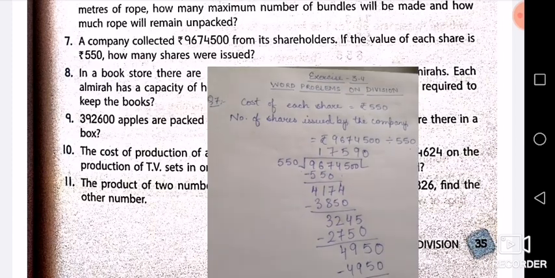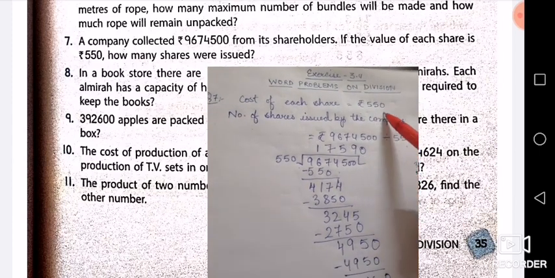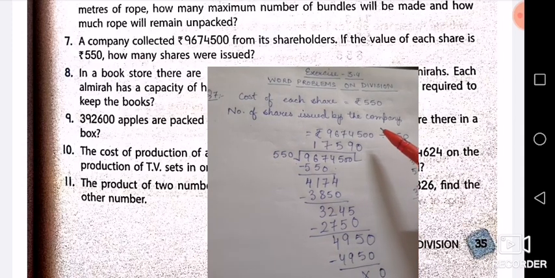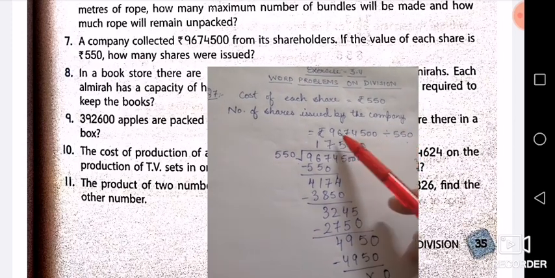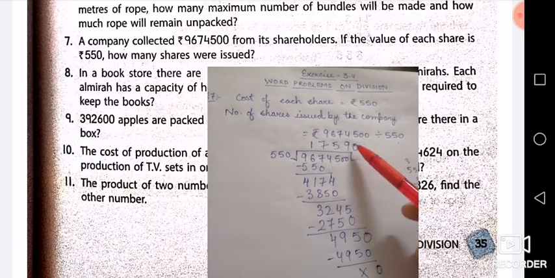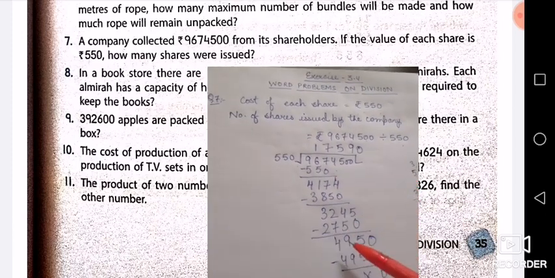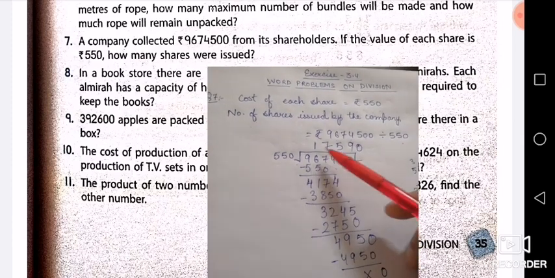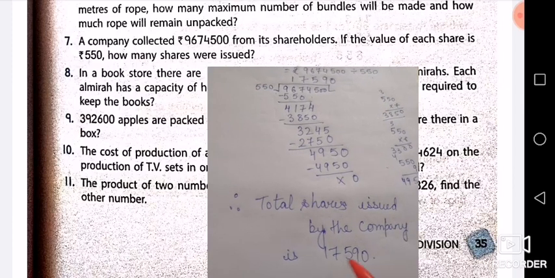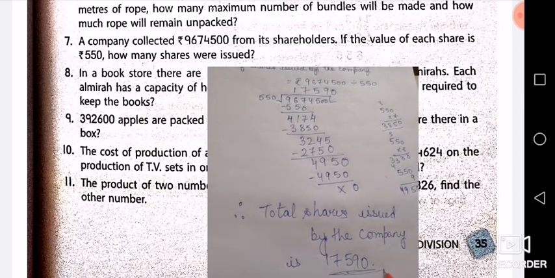So we'll see this question again. Cost of each share is given to you, rupees 550. The number of shares issued by the company, that you have to find out. In 96,74,500, how many shares were issued by the company? We'll do the division and then we'll get this quotient, that is 17,519. That is the total number of shares issued by the company.